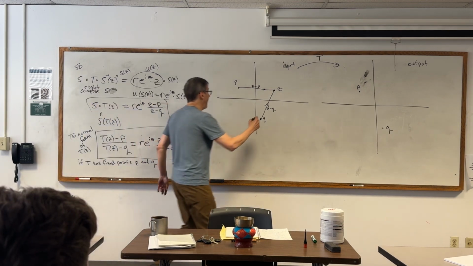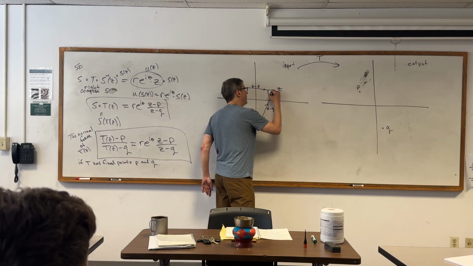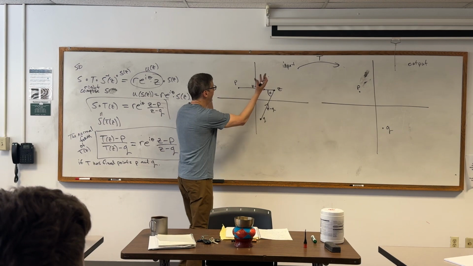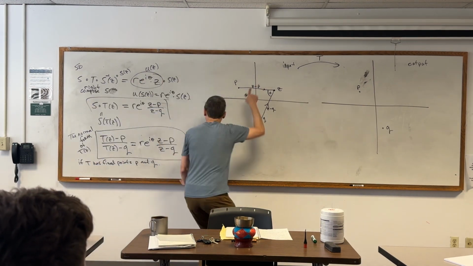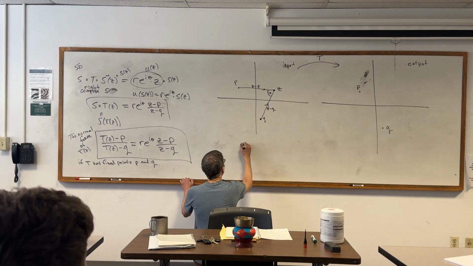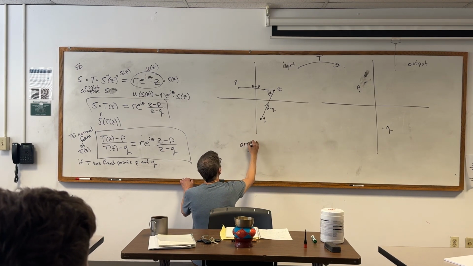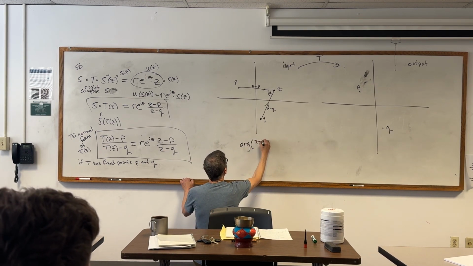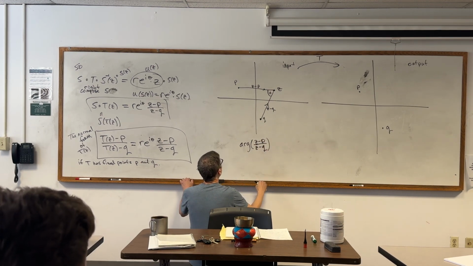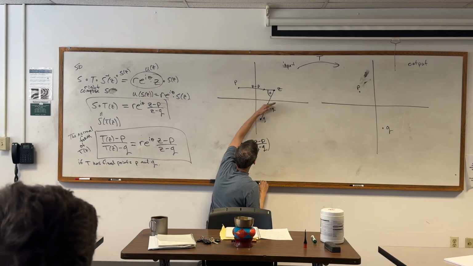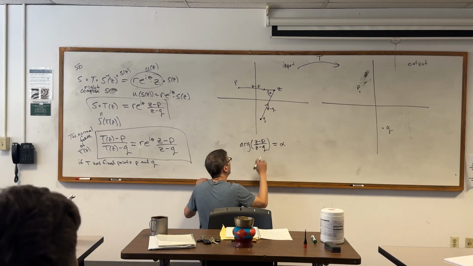There's some little angle here. We could call it, say, alpha, and then these things have a length. So I could even express what I've just written here as the argument of Z minus P divided by Z minus Q. Remember, that's just the difference in their angles, so we could say that that's alpha.